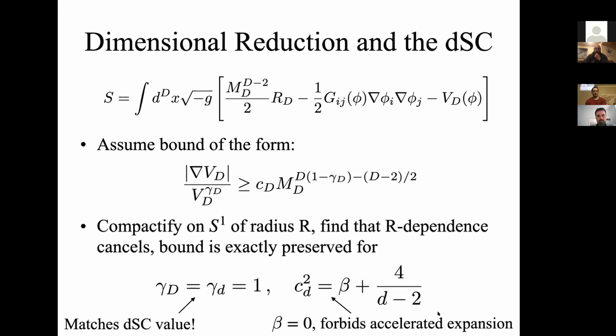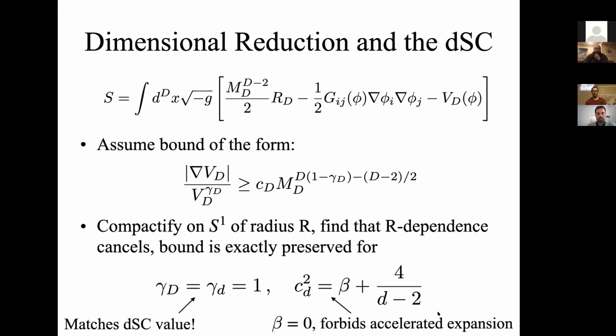So remember, the goal here, as in the case of the weak gravity conjecture, is to see if there's some physical principle which would lead to these bounds. Some more physical reason why they should be true, something which is marginally true if the conjecture is marginally satisfied, and marginally false if the conjecture is marginally violated.